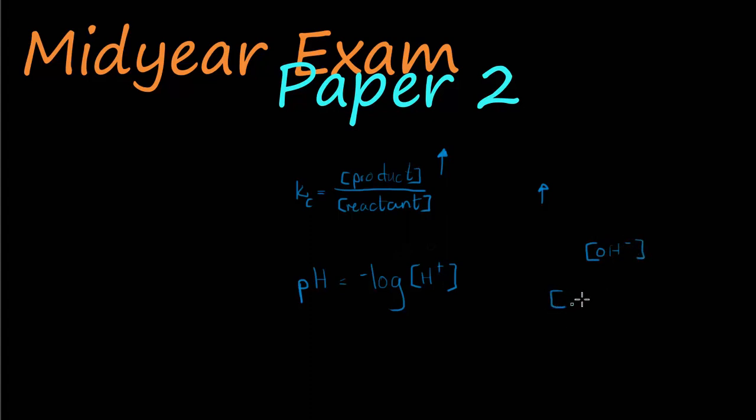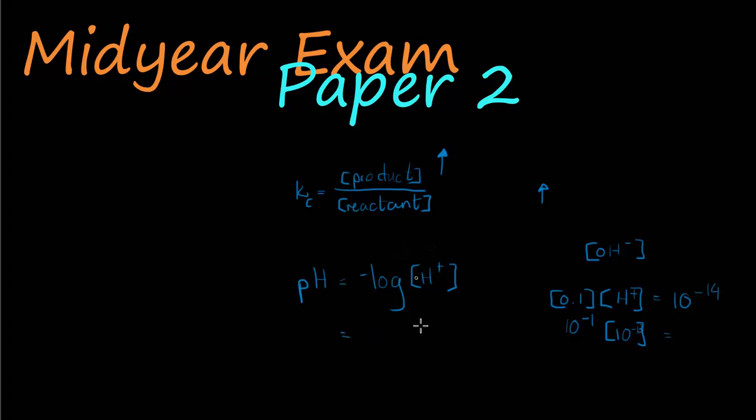Okay? What we do know is that the concentration of hydroxide times the concentration of H must equal 10 to the power of negative 14. So if we already have 10 to the power of negative 1 here, then this one obviously has to be 10 to the power of negative 13 in order to get 10 to the power of negative 14.